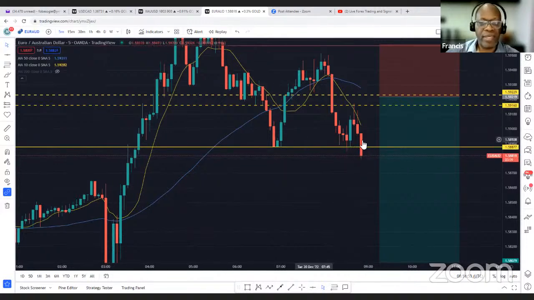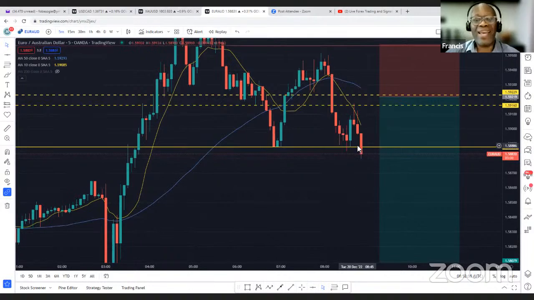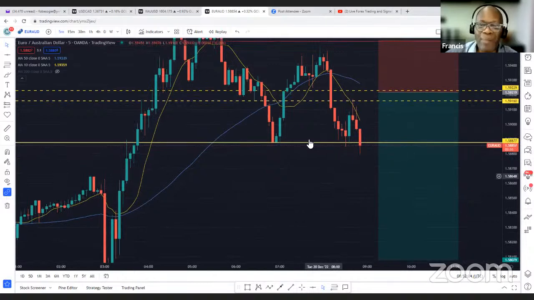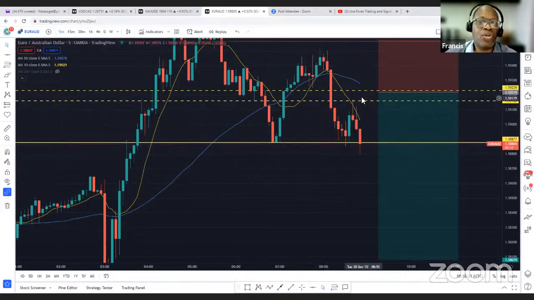I know some of you might be thinking, okay, if you didn't enter there, why are you entering here? Is that not more risky? Well, it appears so, but that is a confirmation, because what just happened now is the price obviously came all the way down, rejected in this area, this line. It pushed back up and rejected again around there. These areas of rejection are areas that are significant on your chart.